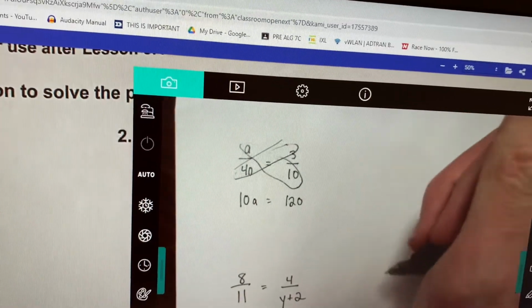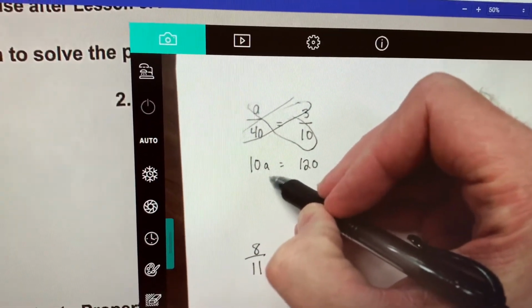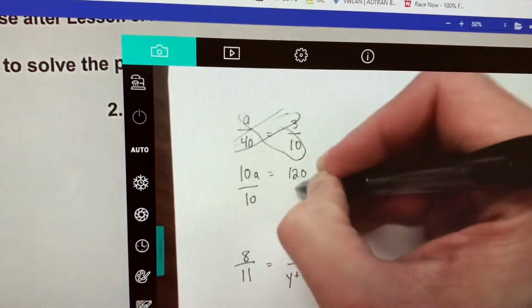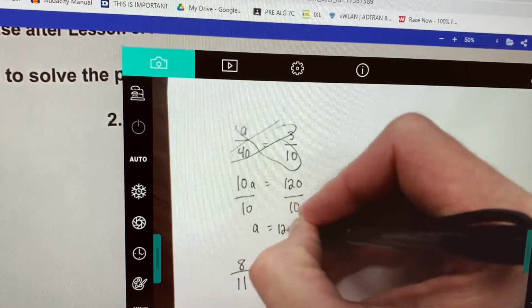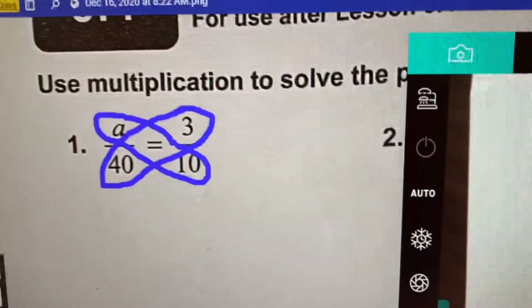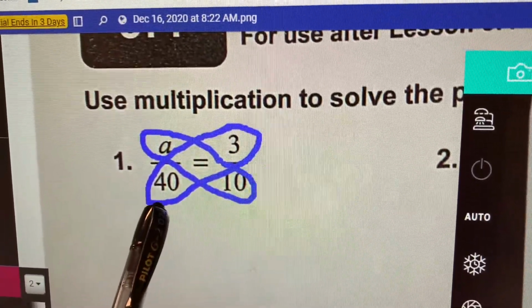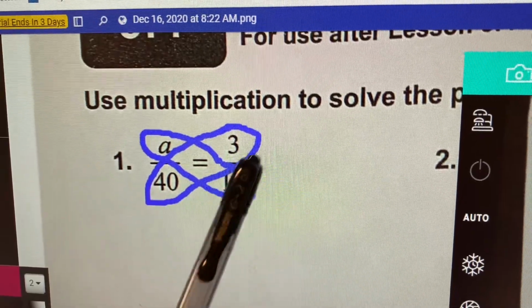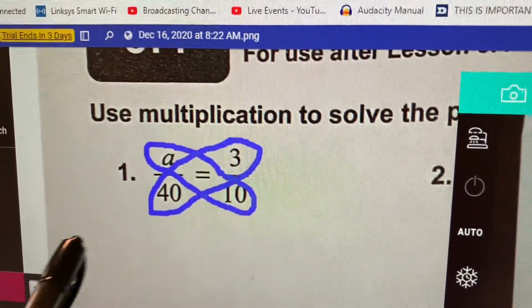After I do that, I'm trying to get A alone, so I'm going to divide by 10, and A equals 12. That's my answer. And if we look back over here, remember 10 times what gets me to 40? 10 times 4. So 3 times 4 also gets me to 12. That's the mental math behind it.